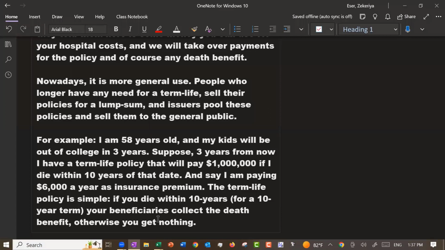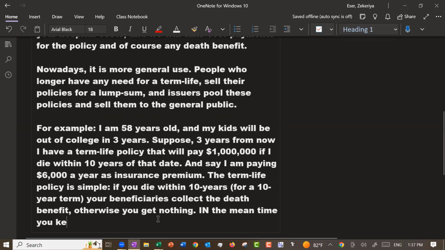So if you die 11 years after you bought a 10-year policy, you get no death benefits. In the meantime, you keep paying the premium, because if you stop paying the premium, the policy immediately expires and you get nothing. So suppose I have this 10-year policy.